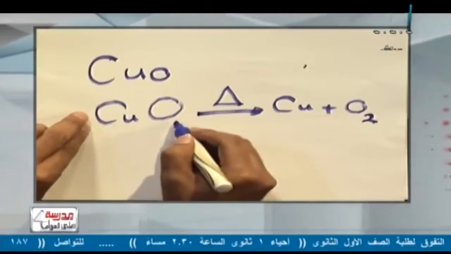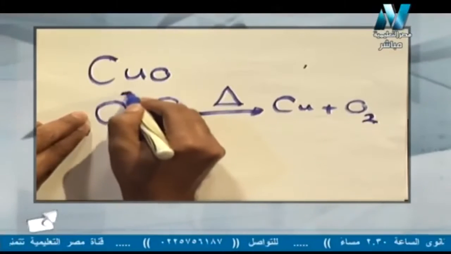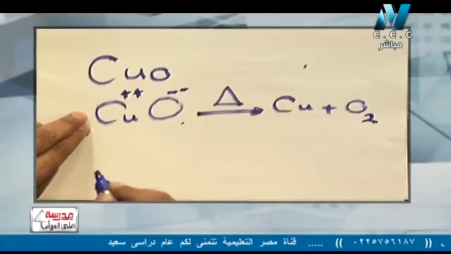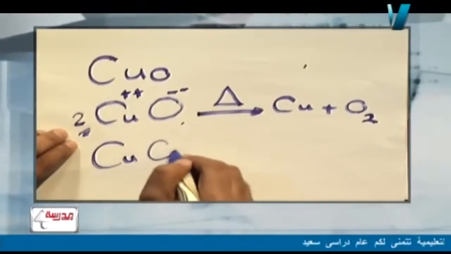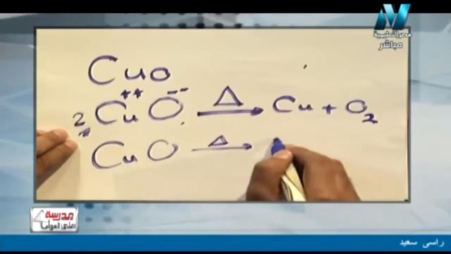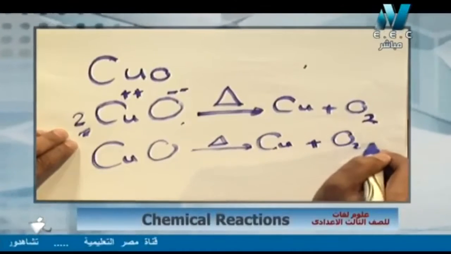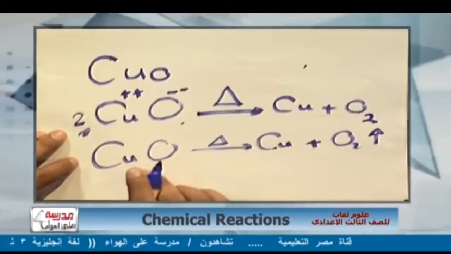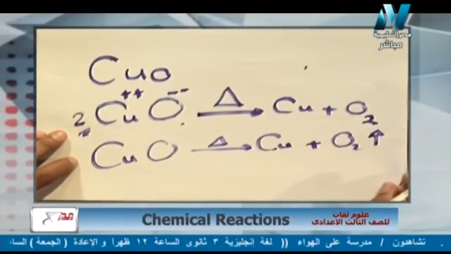It's a mistake to write CuO2, because Cu is divalent and oxygen is divalent, so they are equal. So I must write CuO. It will be Cu, copper, and oxygen gas. And I mustn't forget to write this arrow. This is like the example that you wrote now. Thank you, Mr. Muhammad.